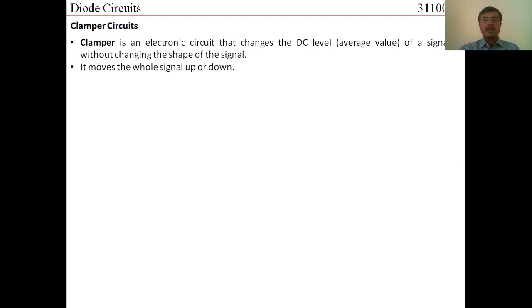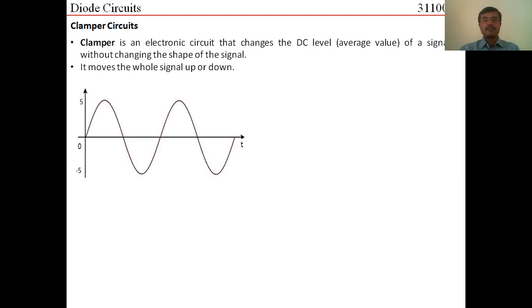Let us try to understand this by taking a very simple example. We all are familiar with this waveform. Yes, this is a sinusoidal waveform with a peak at plus 5 and peak on the negative side at minus 5.